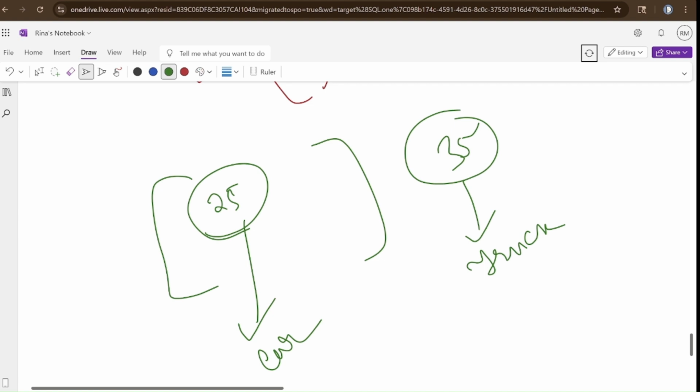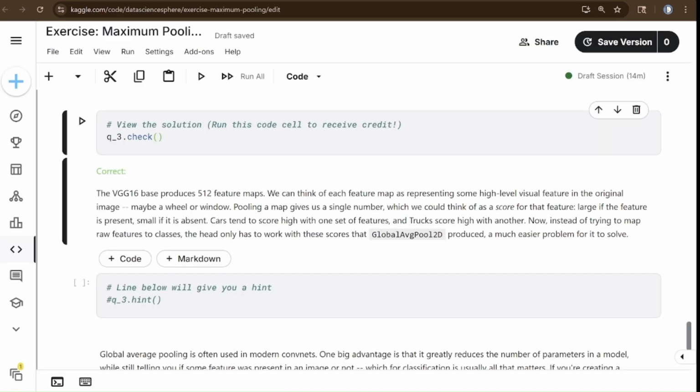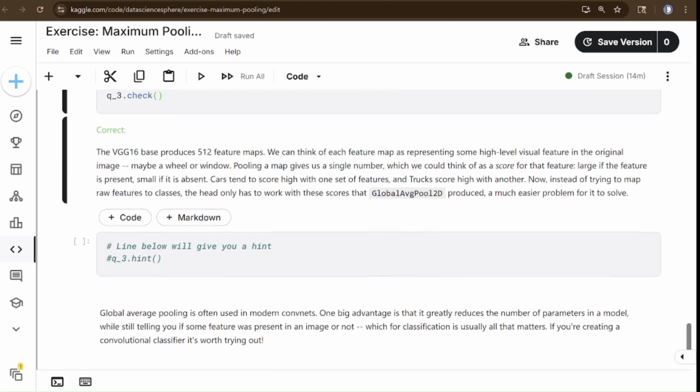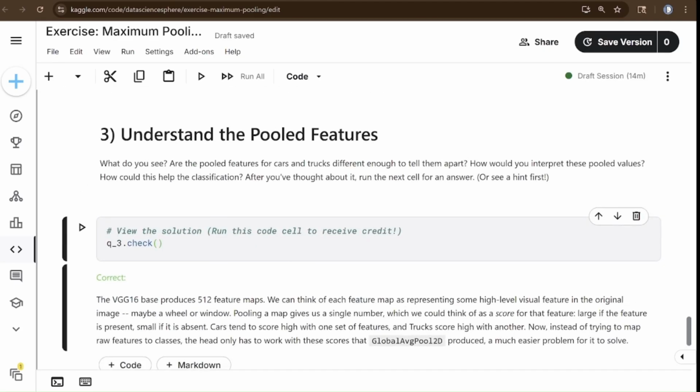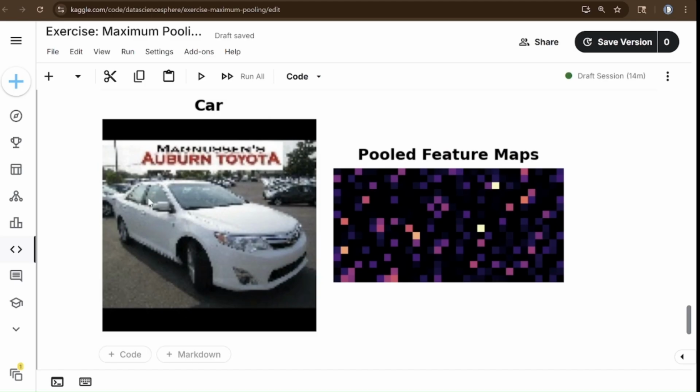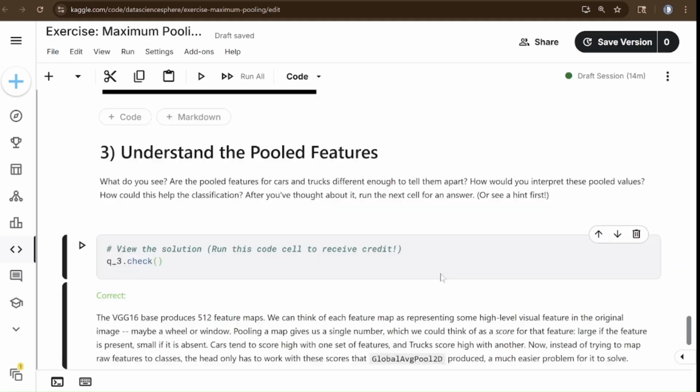The head part will check the score and tell you what the image is about. So the global average pooling is taking all the pixel values, making an average, giving you pooled feature maps, which gives you a score, and that score is confirming whether it is a car or a truck.